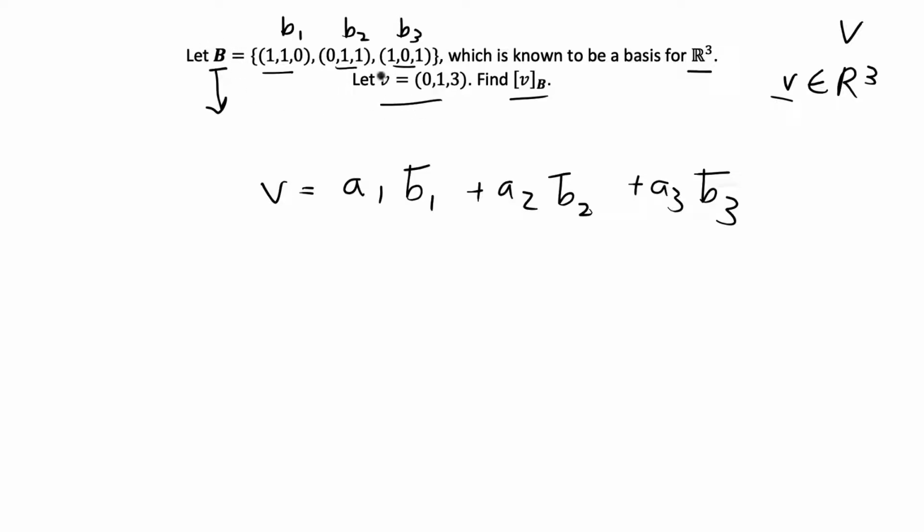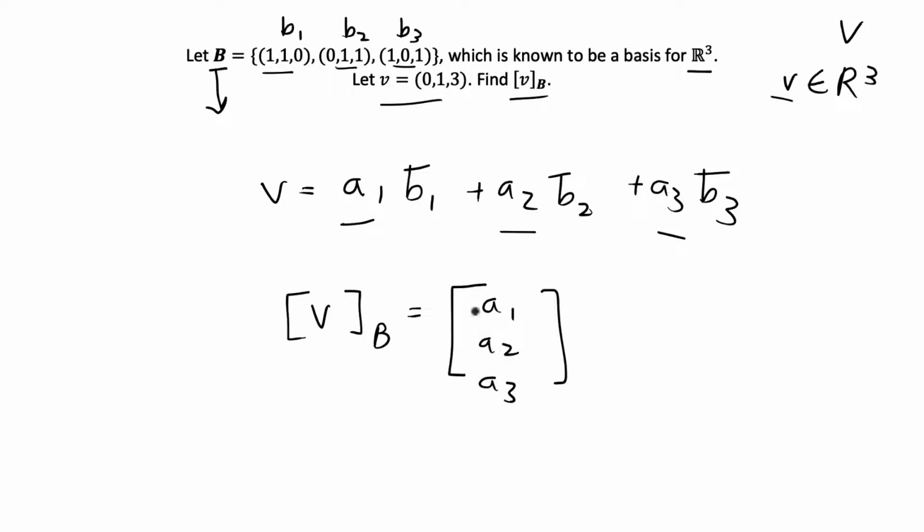We're given a vector, we're given the basis for a vector space, and basically we want to transform the basis to this vector. The way we do that is with the coefficients a1, a2, a3. So the coordinate vector v of b is equal to a vector of these coefficients. In this case, v of b is equal to a1, a2, a3, and we have to find a1, a2, a3 to solve this problem.